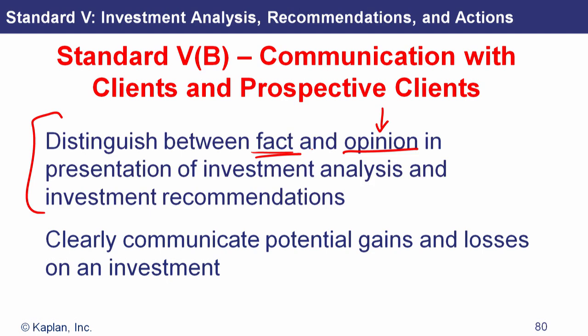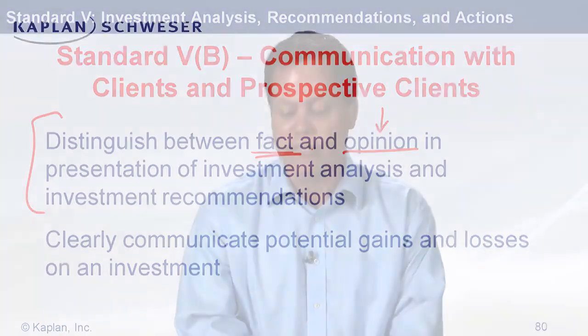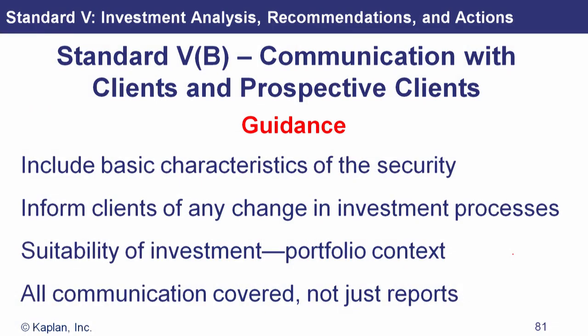So we're going to differentiate fact and opinion, and then we're going to clearly communicate potential losses and gains, at least to the extent that we are capable of doing so. So those that can be foreseen, those that we understand, okay, we are responsible for communicating those. In terms of guidance, okay, we want to include the basic characteristics of securities that we're recommending or that we are taking action over.